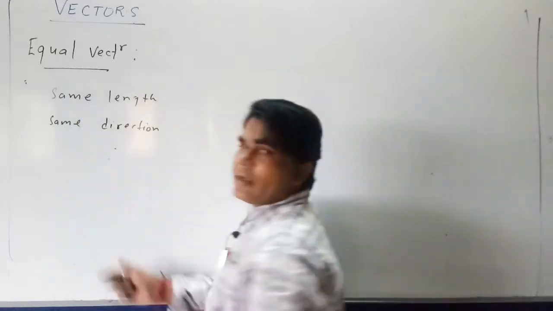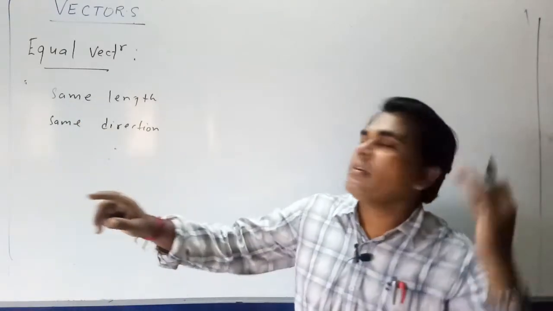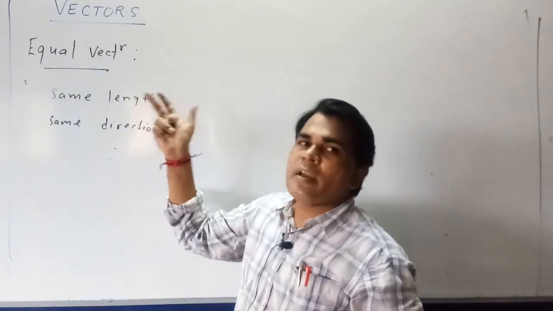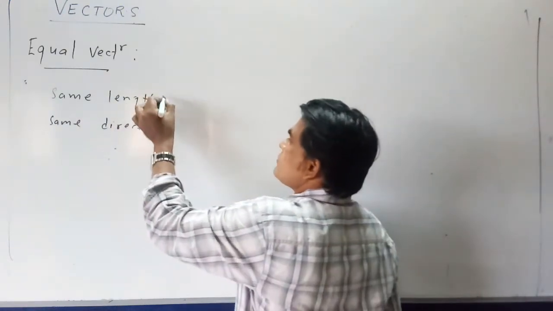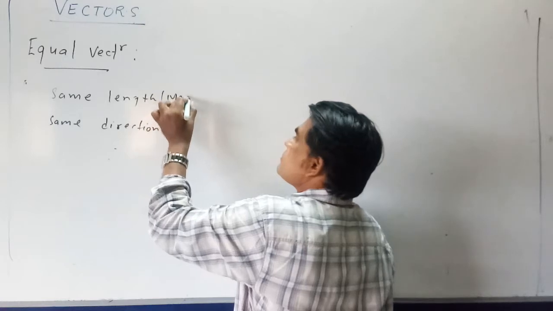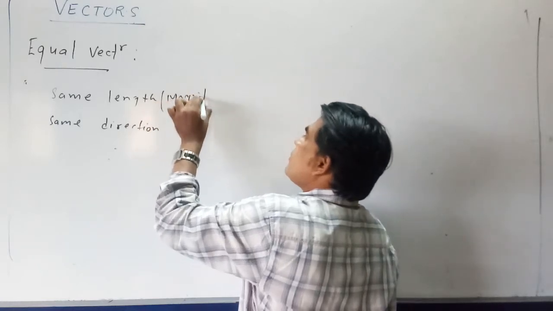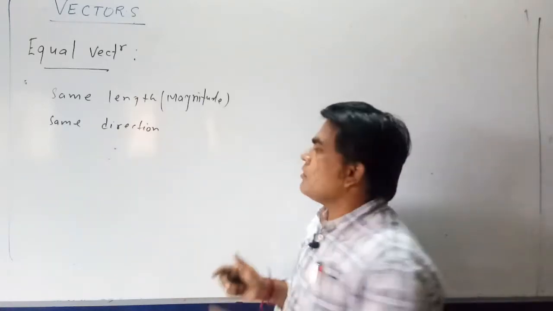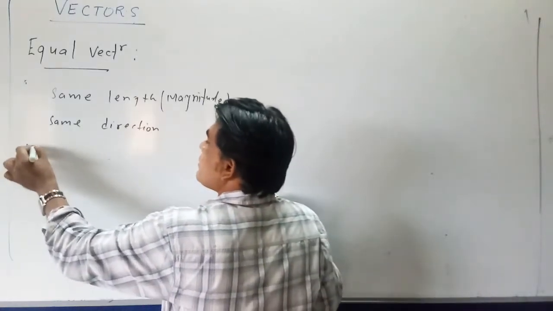But you cannot write it like this. You have to make a statement that vectors which are of the same magnitude and of the same direction are called equal vectors. How is it mathematically?